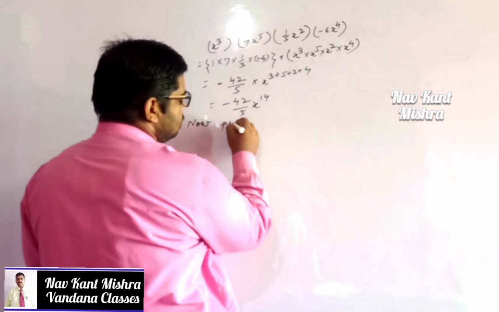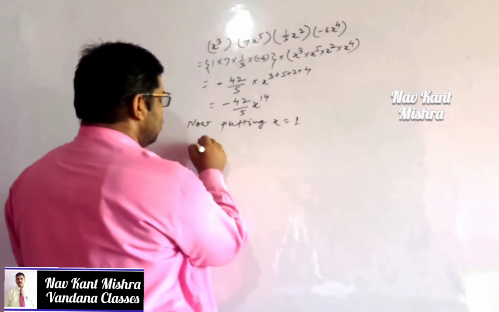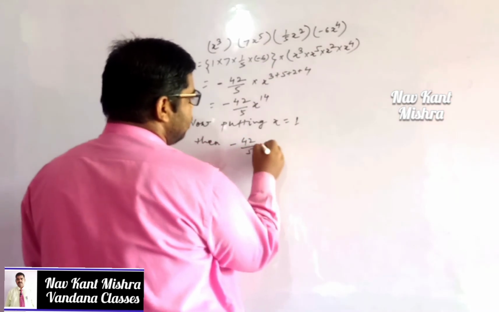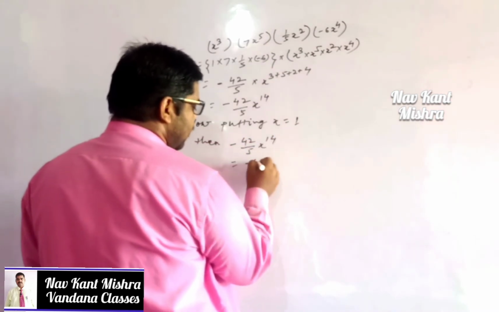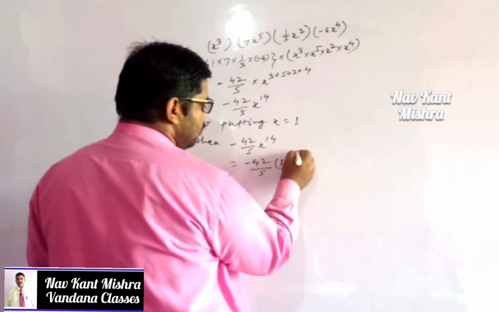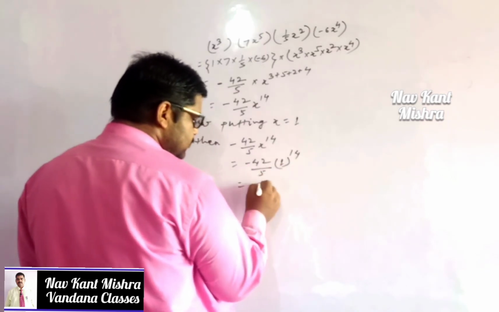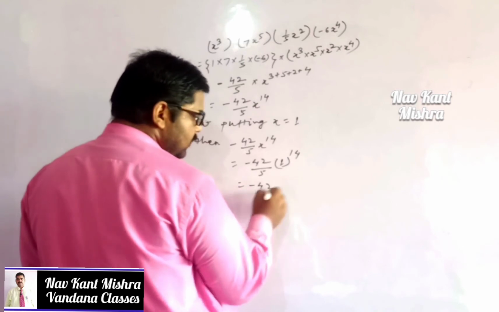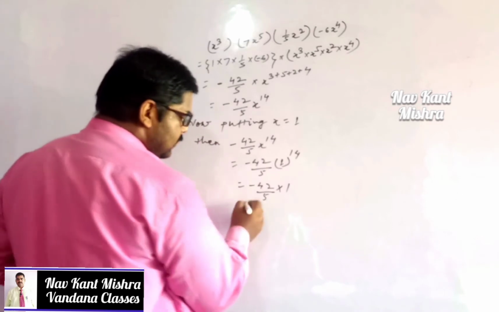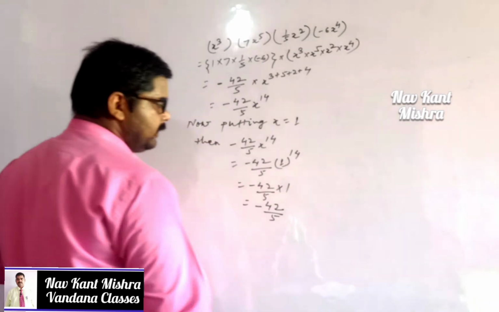Now putting x equal to 1, minus 42 upon 5 x to the power 14 can be written as minus 42 upon 5 into 1 to the power 14, and you know very well that when 1 is raised to the power 14, it can be written as 1, and so the final result is minus 42 upon 5.